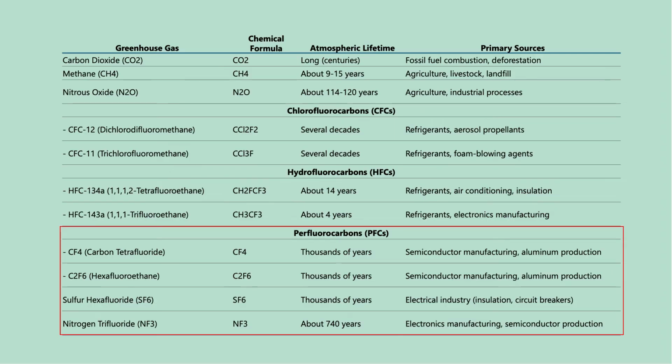Take an example of sulfur hexafluoride or SF6. Due to its exceptional electrical insulating properties and arc quenching capabilities, it is widely used in the electrical power industry as an insulator in high voltage switchgear and circuit breakers.